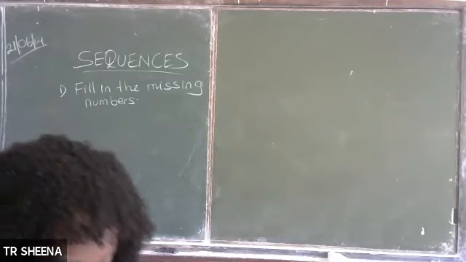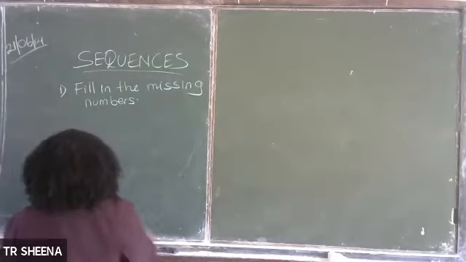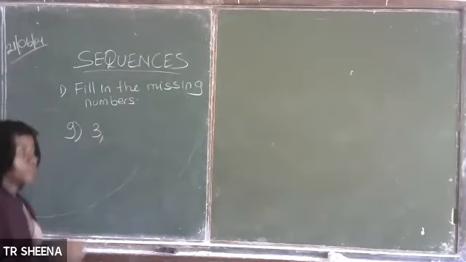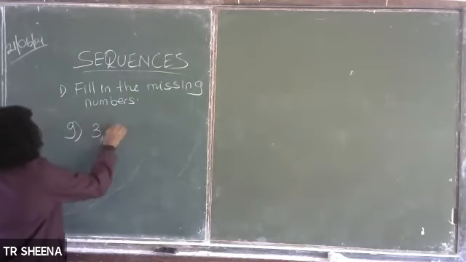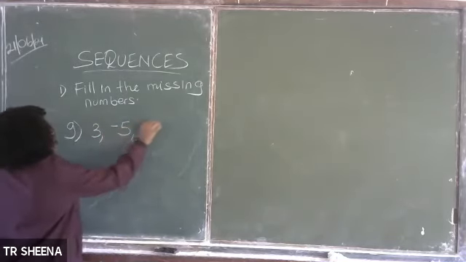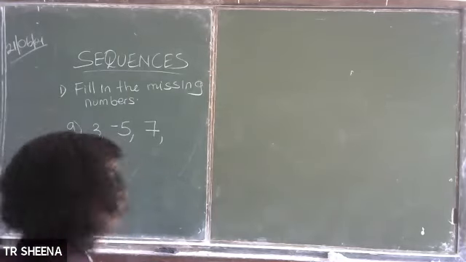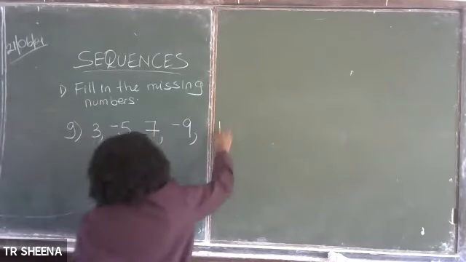Okay, so let me put one. There is this one. This will be our DFG. So we have 3, -5, then 7, -9, and then 11.